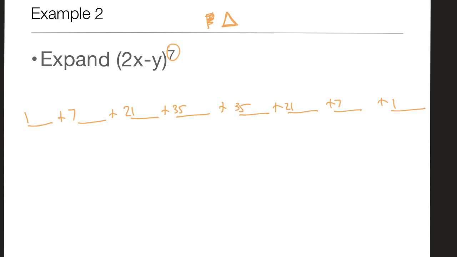Okay, second, let me switch colors. I need something dealing with 2x. Okay, there's going to be a 2x in every single blank. The exponents start high, like this, 2x to the 7th on the left, and they decrease as we're going to the right, like that.